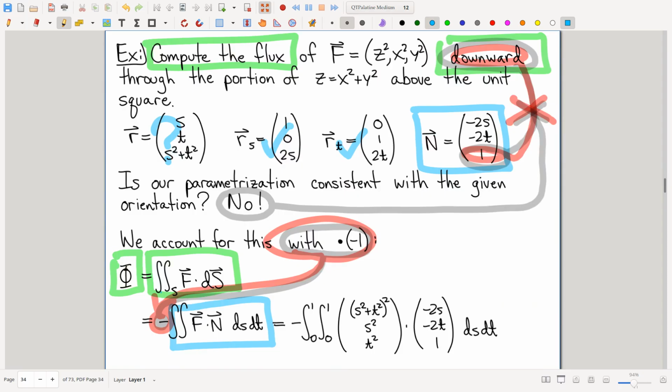As you can see, in this next line, the orientation is sort of hidden inside of that capital N vector. That capital N came from the arbitrarily chosen orientation, parameterization. I just kind of pulled it out of thin air. Okay, so that's where the minus sign has to go, right? This extra minus sign is the way to acknowledge that the green orientation and the blue orientation are opposites, and so we fix it with a minus sign. Does that make sense?